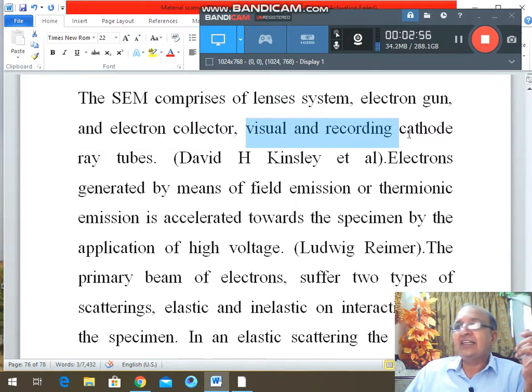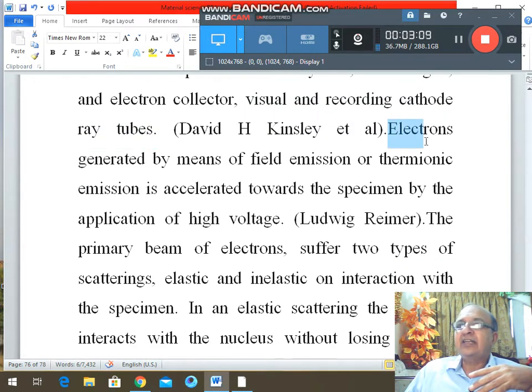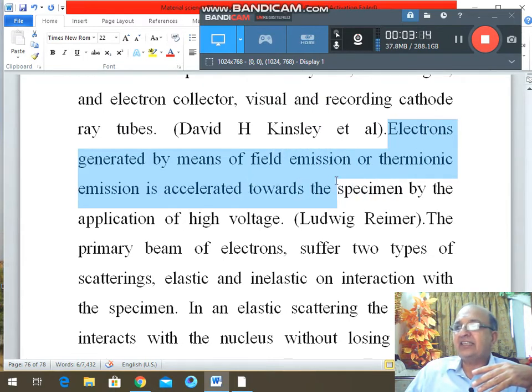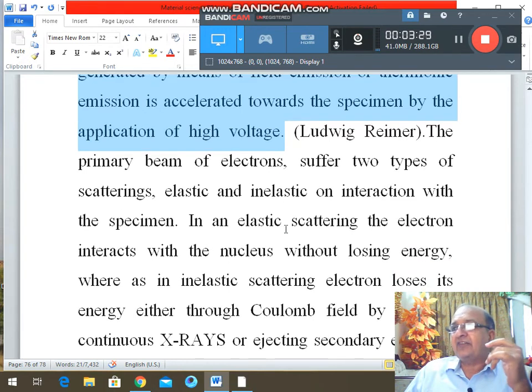Then a visual and recording cathode ray tube, meaning that positive charge is given to the detector and electrons are attracted, so they are collected by the detector. Electrons generated by field emission or thermionic emission are accelerated towards the specimen by the application of voltage. Electrons can be generated by thermionic emission, meaning that if you heat a filament, electrons are emitted, or by application of an electric field, which is called the field emission technique.